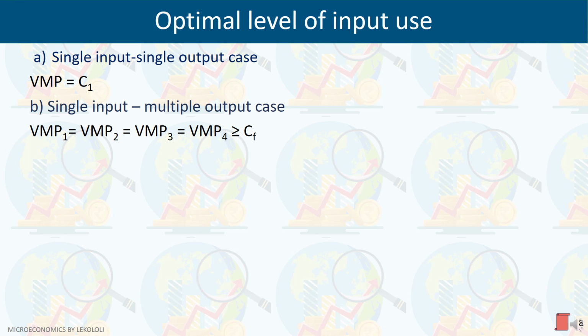Now, in the single input, multiple output case, let's say you have one input but multiple outputs. Imagine you are a farmer and you can use fertilizer to grow maize, coffee, tea, and vegetables. The key here is to allocate your input in a way that the VMP of the input is equal across all the different crops, but not less than the unit factor cost.